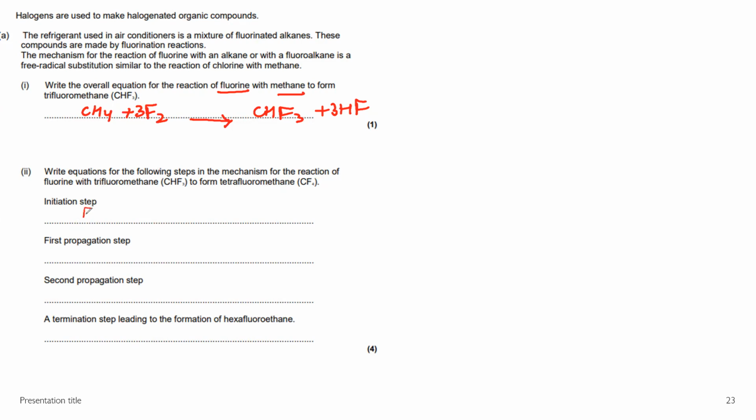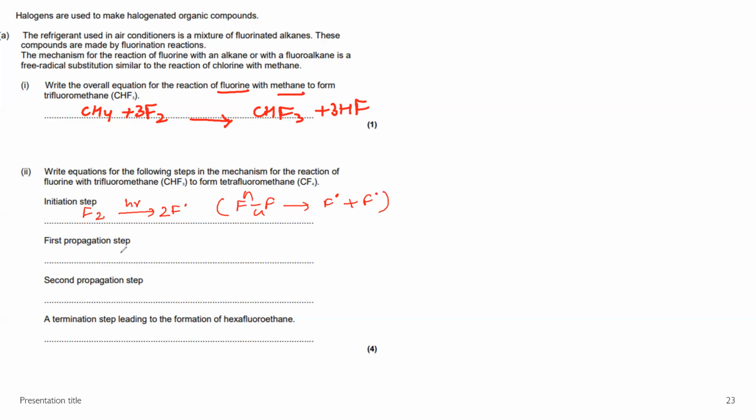So the first step would be F2 will undergo, in the presence of light or any other thing, so I will write h nu, it forms two fluorine radicals. Or you can show it like this also, fluorine radical plus fluorine radical. So this is the first step.